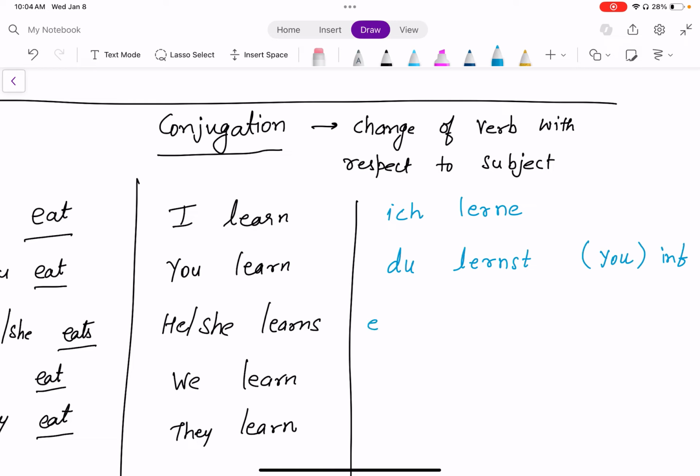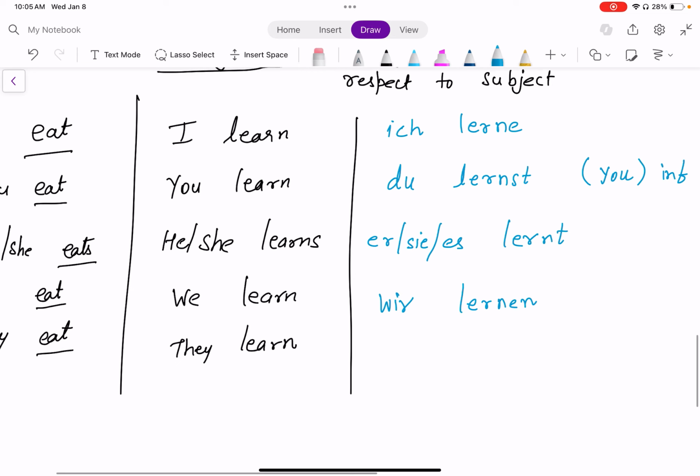Now, if it is he or she, it's sie, es, lernt. Okay? Lernt. Then with wir, like we, it's lernen. Hmm? If we want to say they, it's small s, or capital S, it's lernen.